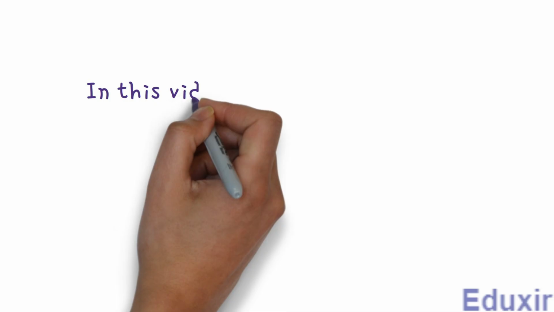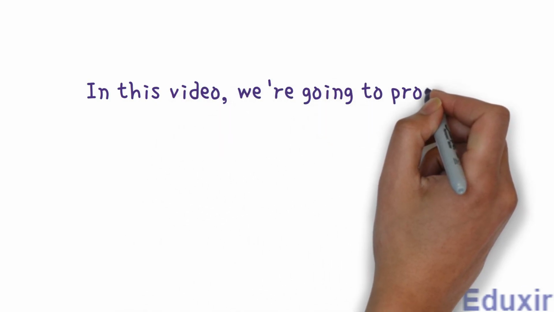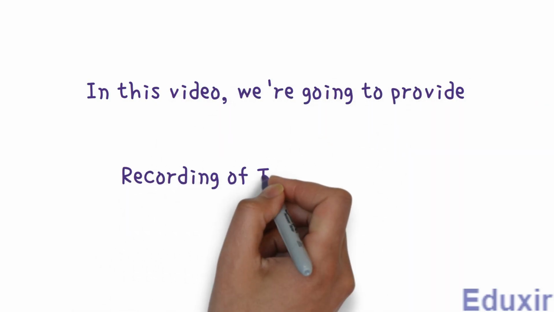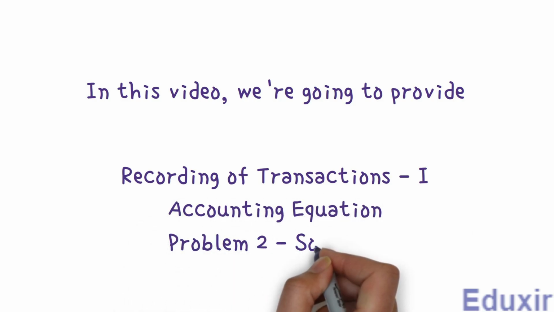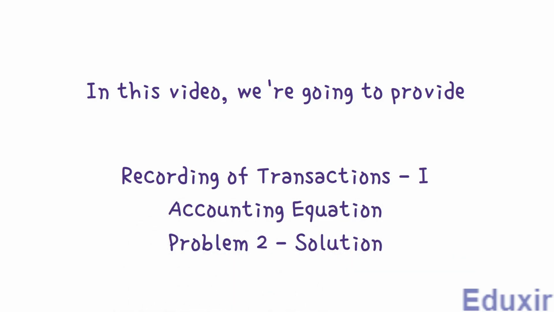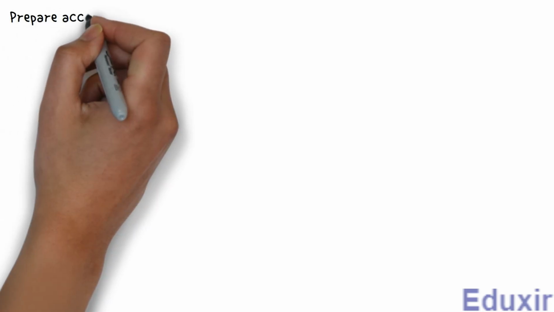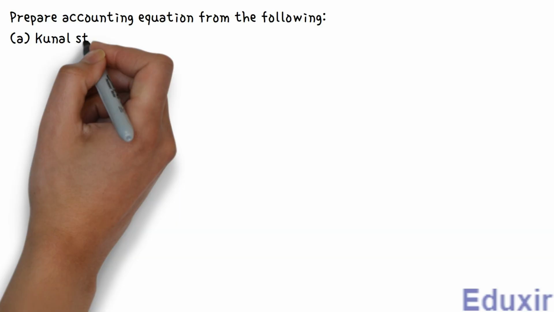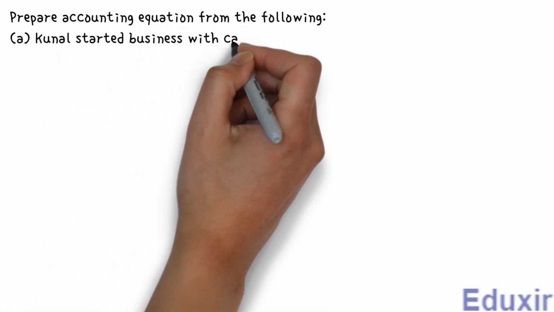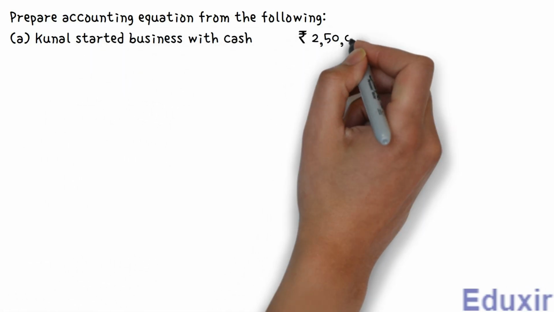In this video, we are going to provide the solution to recording of transactions 1, accounting equation, problem 2. The problem statement is as follows. Prepare accounting equation from the following. A. Kunal started business with cash 2,50,000 rupees.